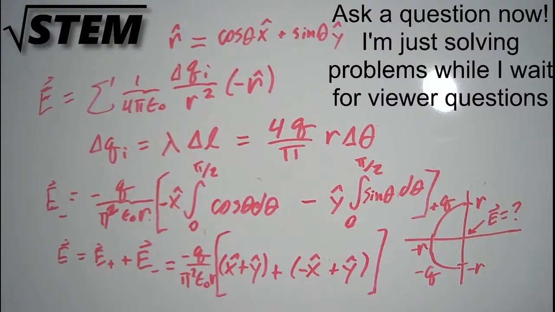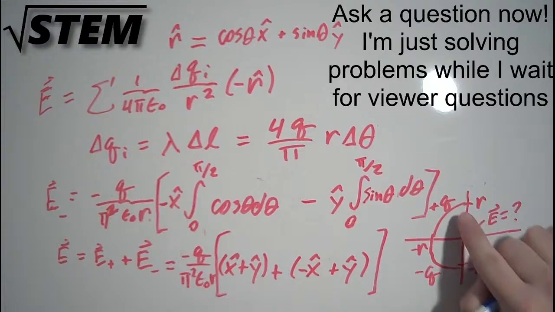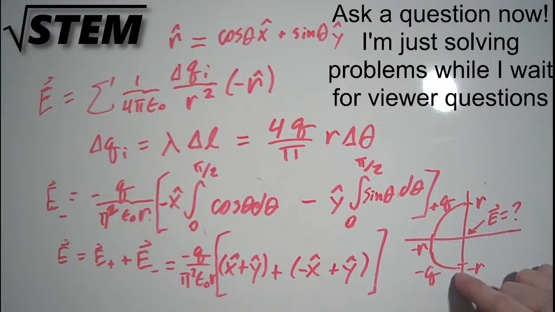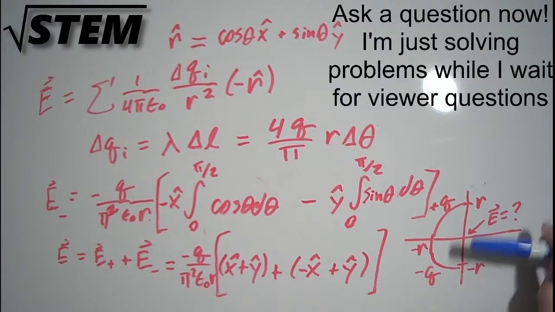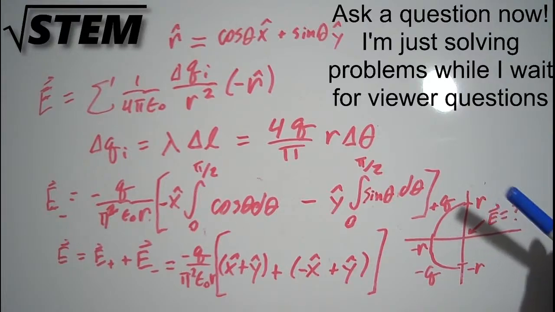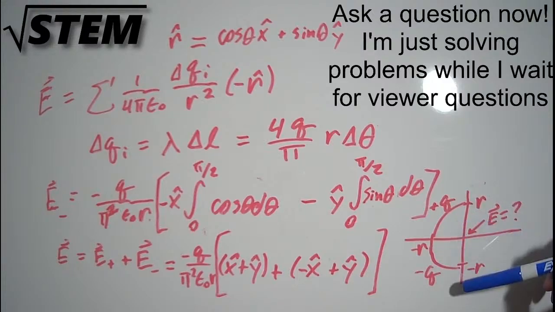So let's think about what we have here and decide if it makes sense. So if you stick a positive charge here, it's going to feel a push away from the top, and it's going to feel a pull towards the bottom, only talking vertical direction. And since these are exactly opposite in their charge, it should feel effectively double the force it would from one of them. So we have double the y hat.